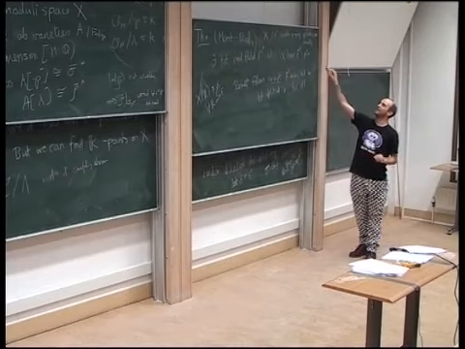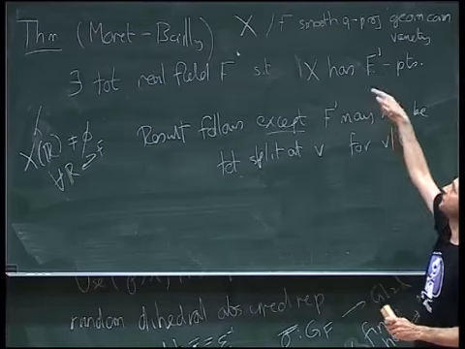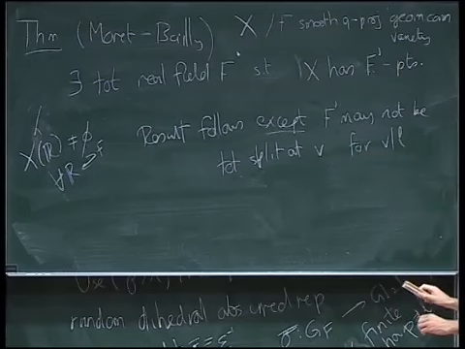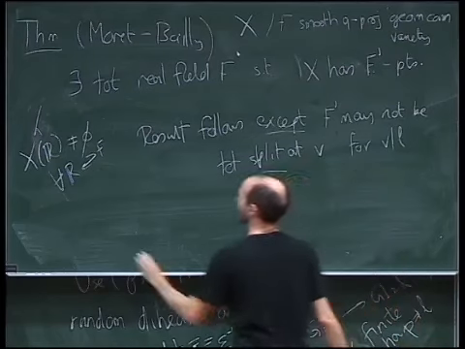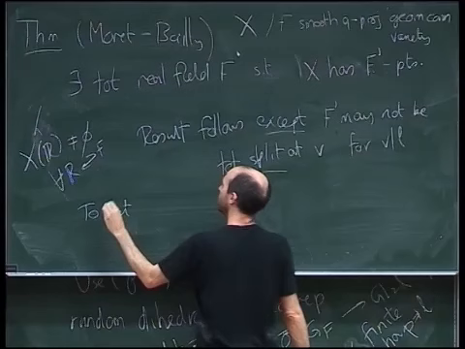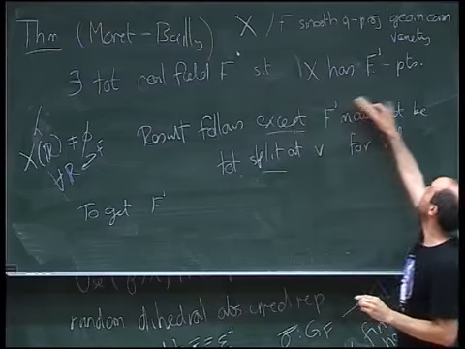So Moret-Bailly didn't really prove this. Moret-Bailly proved an analogue of this, but actually for a finite set of places. So how are we going to fix this? To get f prime totally split at L, you see f prime is totally split at infinity.